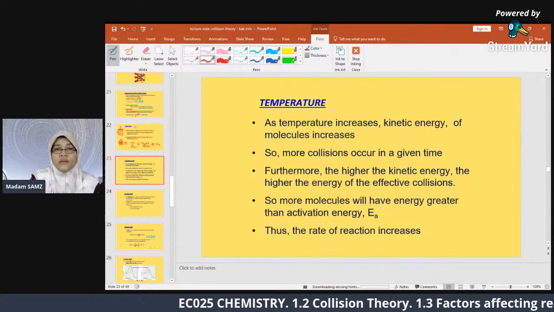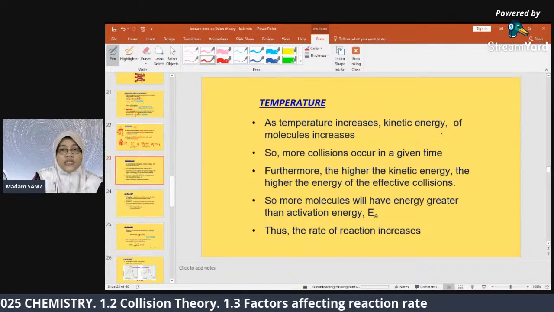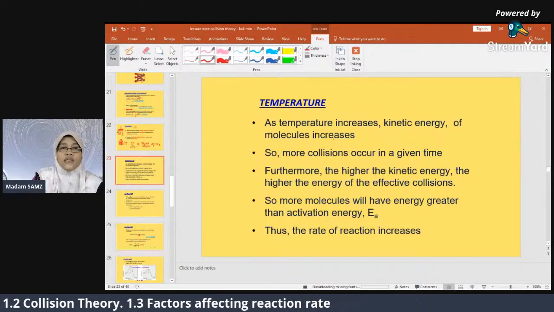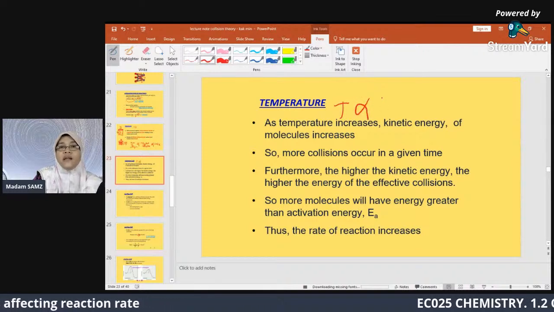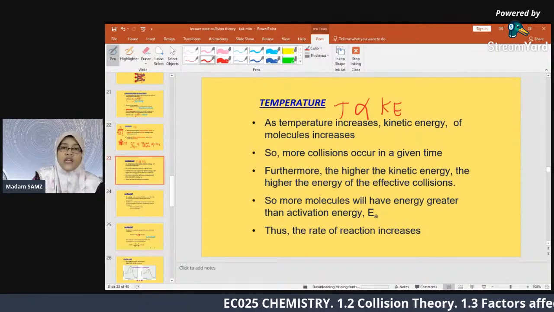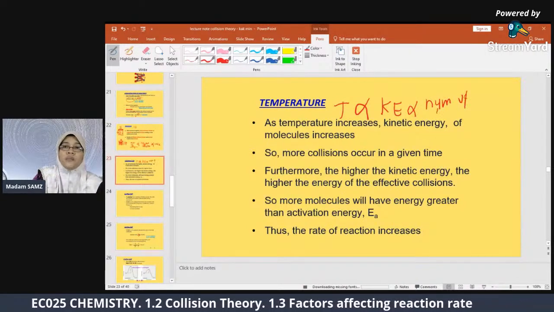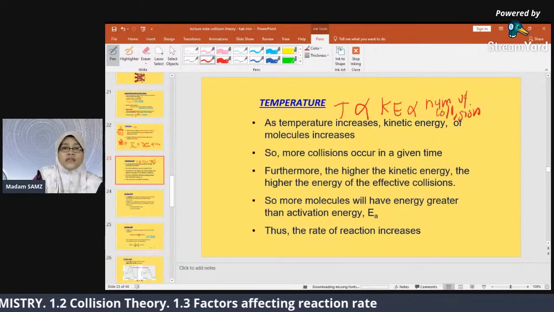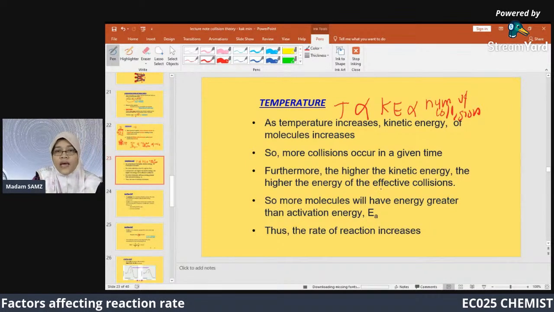Right? So as the temperature increases, the kinetic energy of the molecules also increases. So we know temperature is always directly related to kinetic energy. So when the kinetic energy increases, of course, the number of collisions also increases. So when the number of collisions increases, what do we have here?